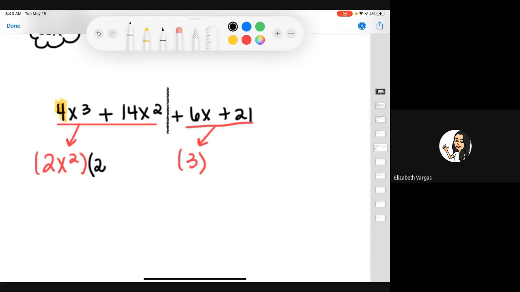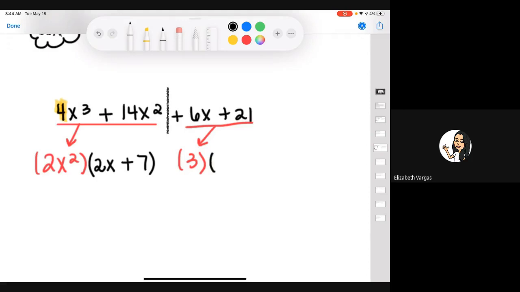How do I get to an x cubed? X to the power of 1. So x, just x. Now the second part, I notice I have a 2 here, I have a 14 here. What multiplied by 2 gives me 14? 7. And I notice here I have an x squared and I have an x squared, so that means I don't have to do anything with that.